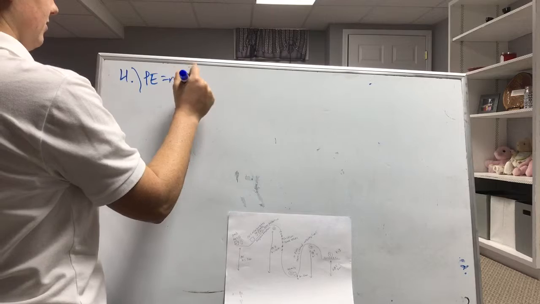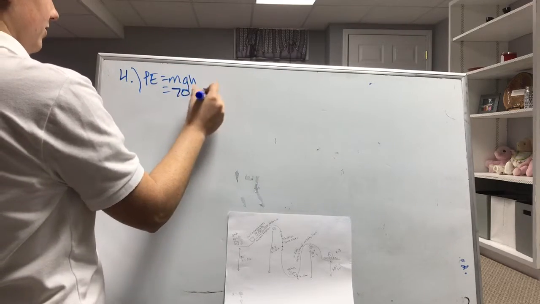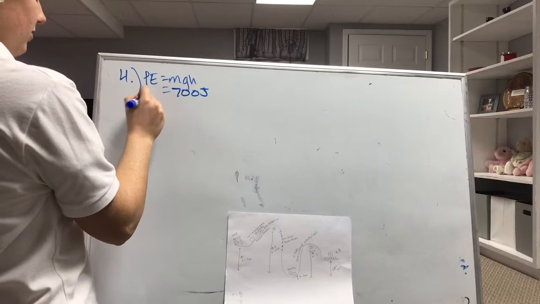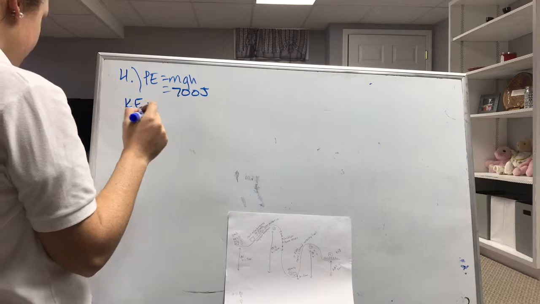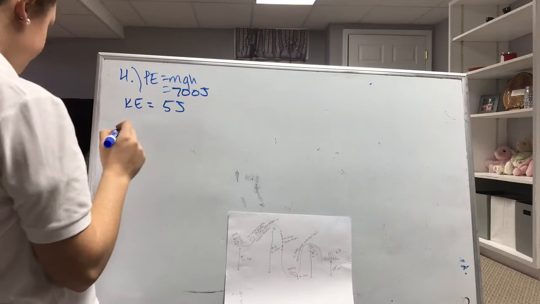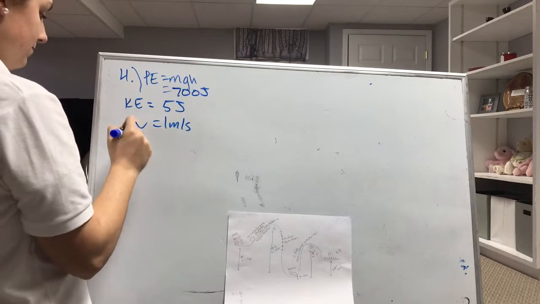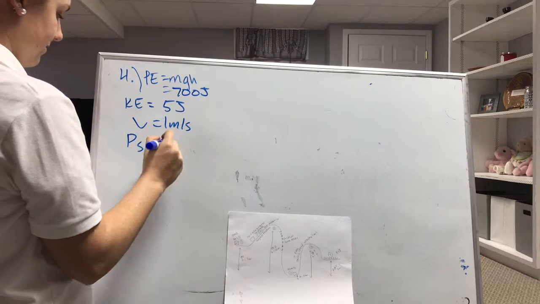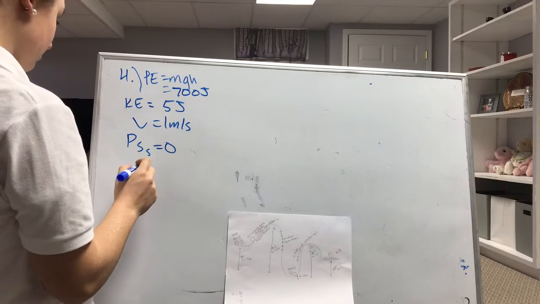Again, mass times acceleration due to gravity times height, we now have potential energy of 700 joules. Kinetic energy, 1/2 mv squared, where velocity is equal to 1 meter per second, is going to be 5 joules. Velocity, again, we just said 1 meter per second. Potential energy of the spring, we still don't have a spring. Internal energy is going to be equal to 0.